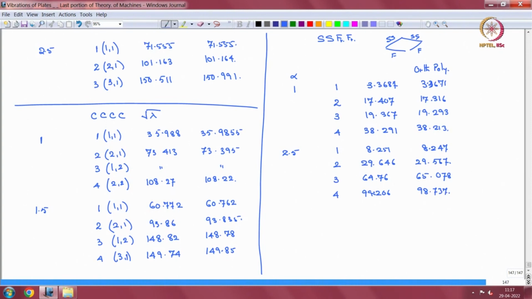Now there is another paper. Let me write the title here so that I use the space.